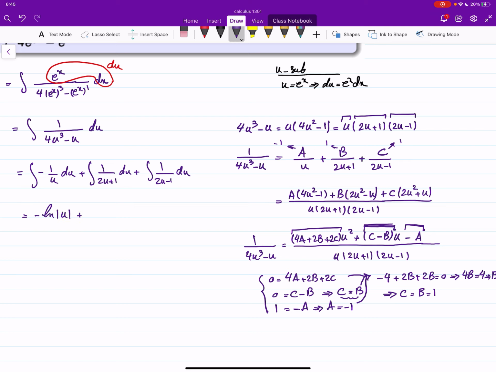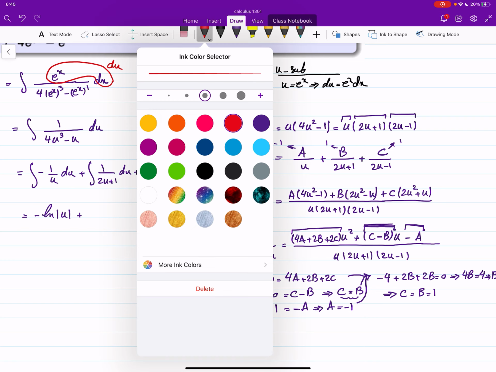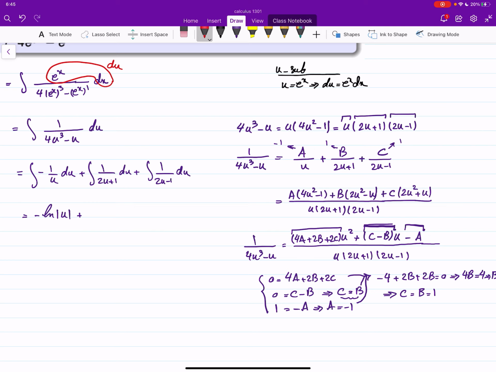Remember that the integral of 1 over ax plus b dx is 1 over a ln of the absolute value of ax plus b, assuming that a is non-zero. So here that will apply, and I will get half of ln of 2u plus 1.